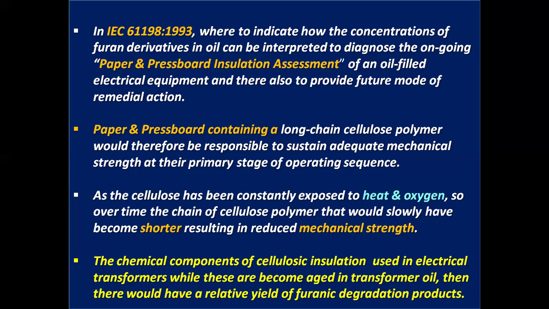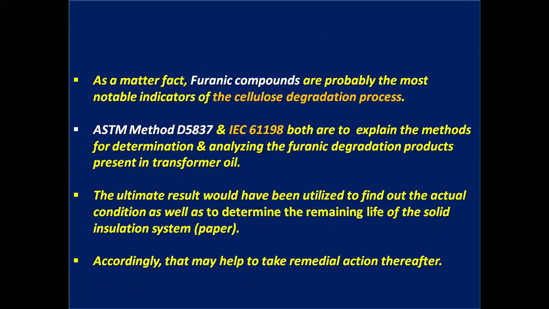As the chemical components of cellulosic insulation used in electrical transformers age in transformer oil, there would be a relative yield of furanic degradation products. As a matter of fact, furanic compounds are probably the most notable indicators of the cellulose degradation process.